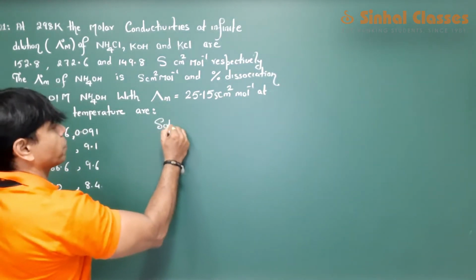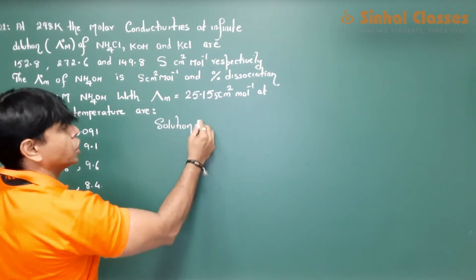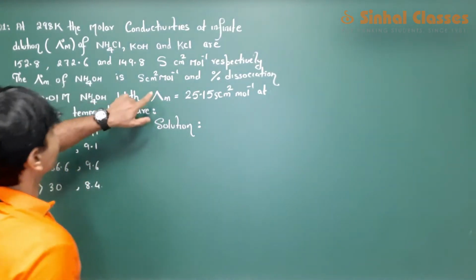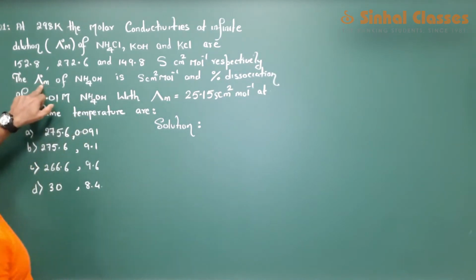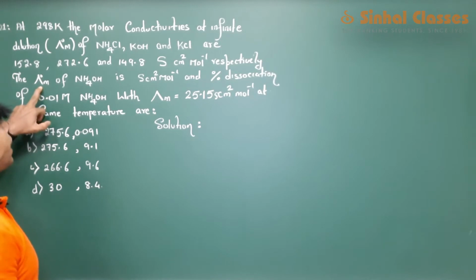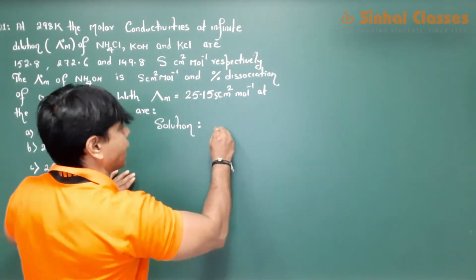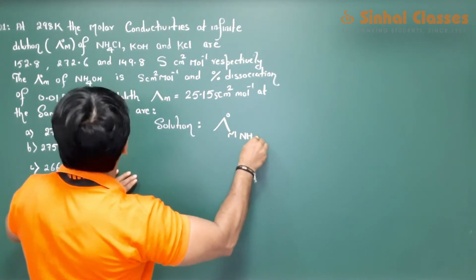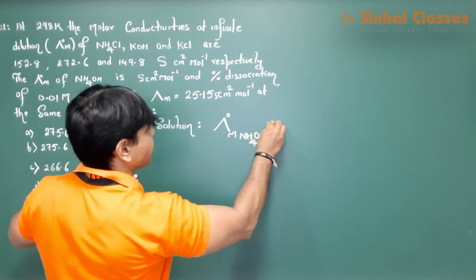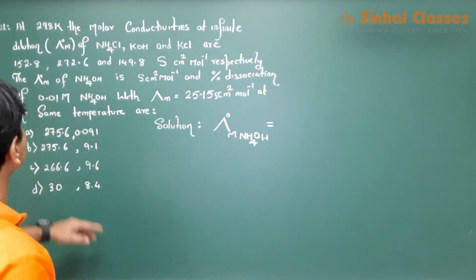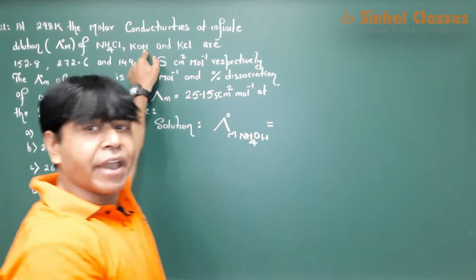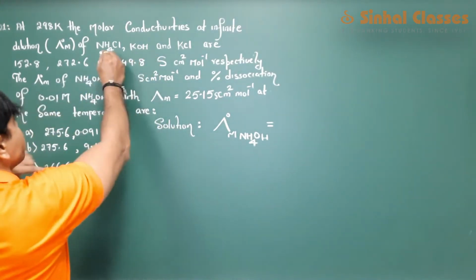Very simple. First and foremost, this is based on Kohlrausch law. We want to find out the maximum conduction at infinite dilution for ammonium hydroxide. Now look at the data given to you. Ammonium ion is present here and in KOH, OH ion is present.